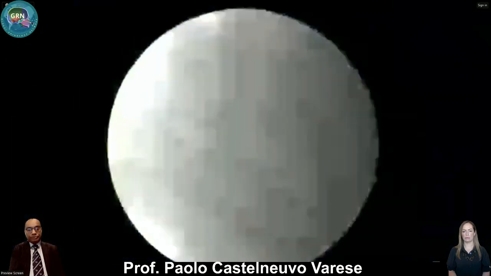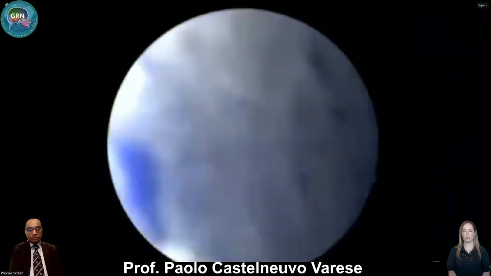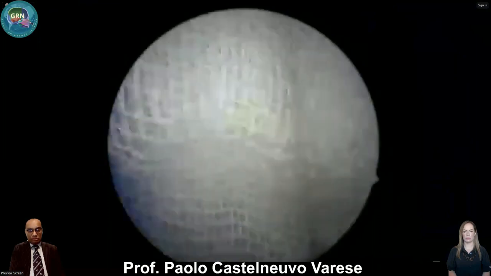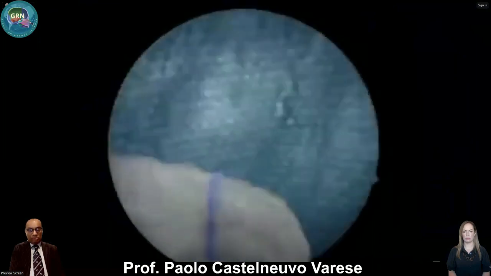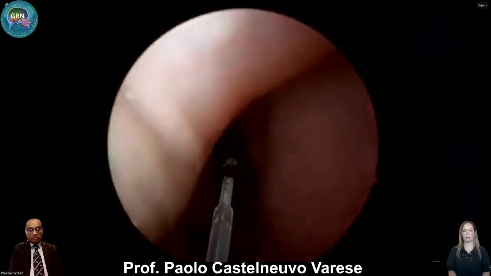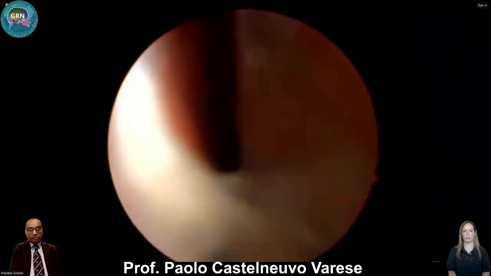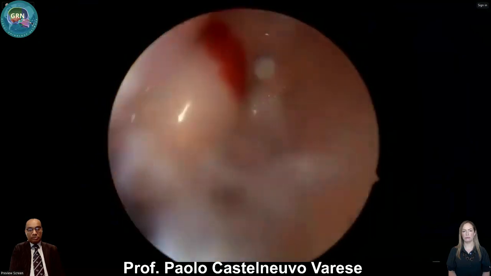So the program is the resection of the tumor with a centripetal resection. We start to mark the border of the resection with the diode laser.